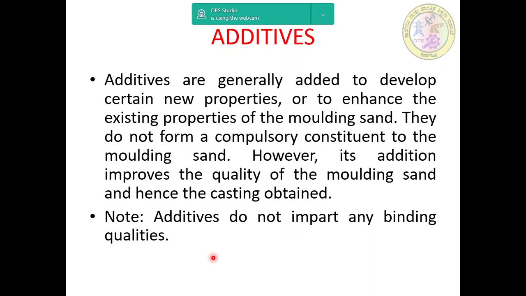However, their addition improves the quality of the molding sand and hence the casting obtained. If required, then you add them. Additives do not impart any binding qualities. You add them to the molding sand only to enhance the existing properties.